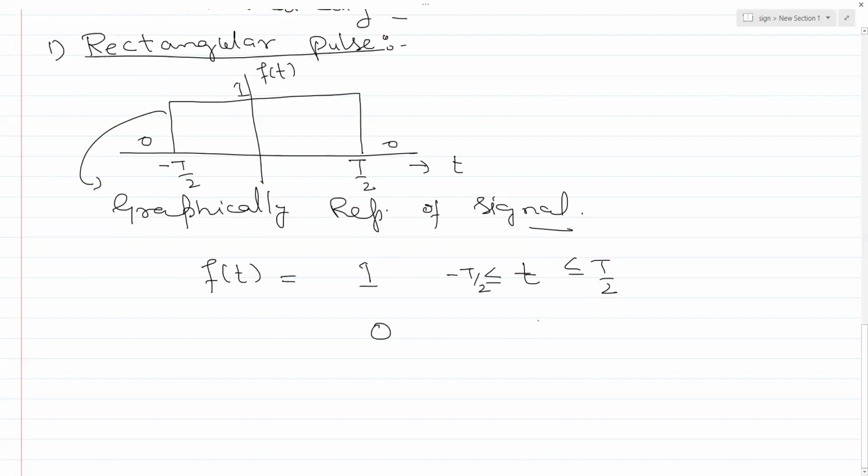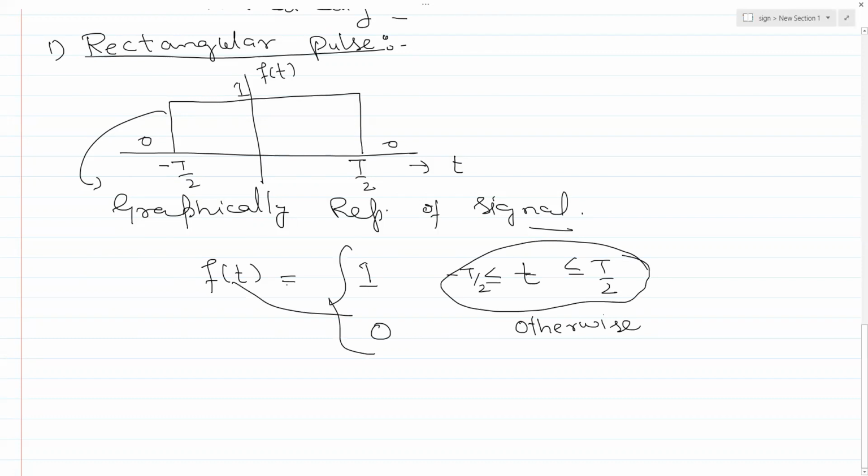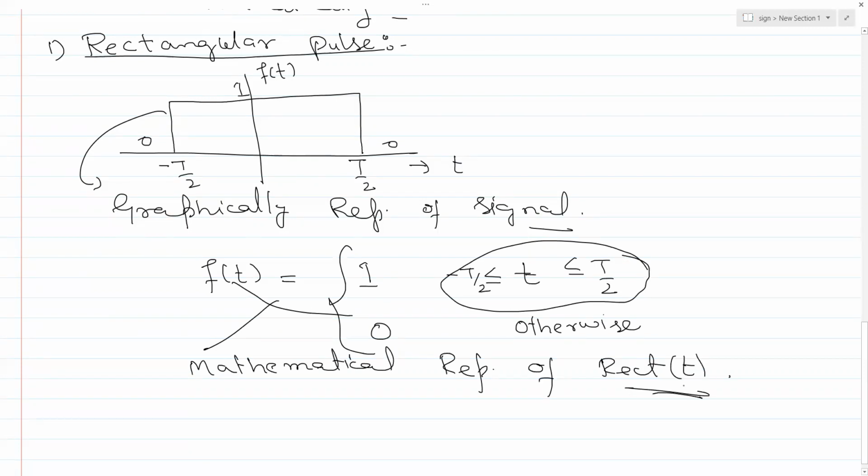Otherwise means all the other values of t, outside this range, where f of t equals 0. So this is the mathematical representation of the rectangular pulse signal.